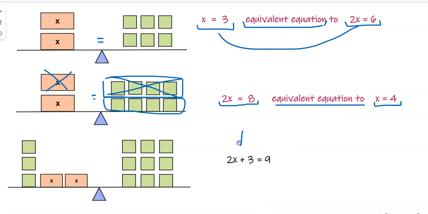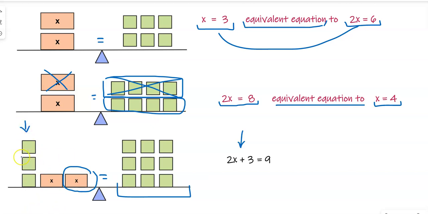And here, what if we have 2x plus 3 equals 9? On one side we have 2 x's and 3 units, and on the other side we have 9 units. Now we're going to try to isolate x and have only one x on one side of the equation and some value on the right side. How can we isolate x? First of all, let's get rid of these units.